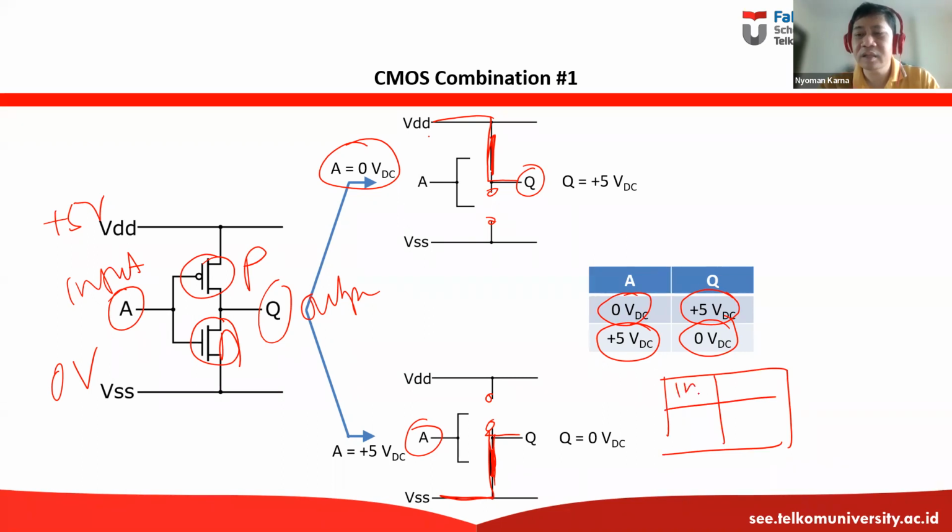This is input. This is output. If I give 0, the output will become 1. If I give 1, then the output will become 0. So it's like inverting of the output. Give 0, the output will become 1. Give 1, the output will become 0.